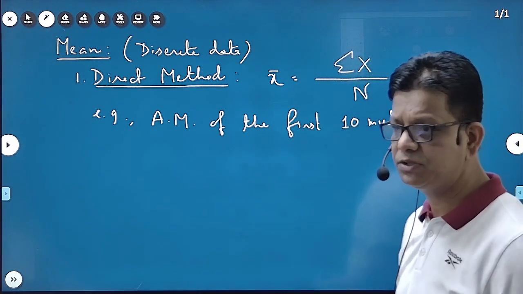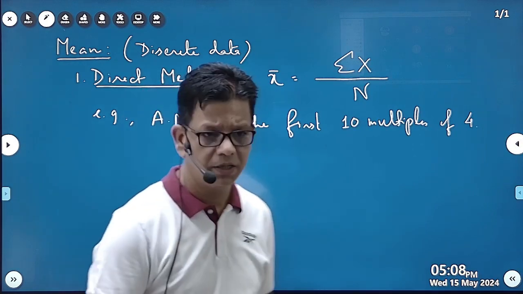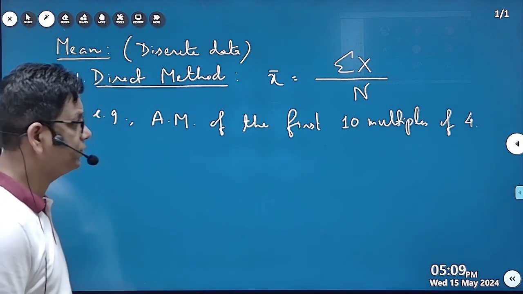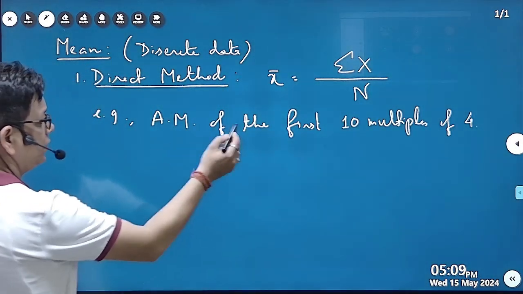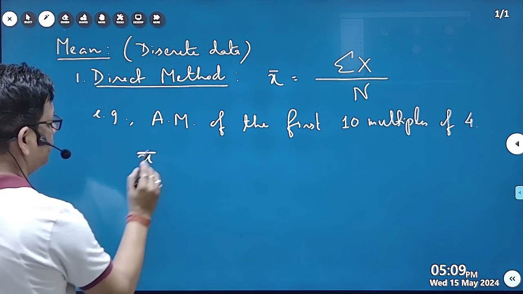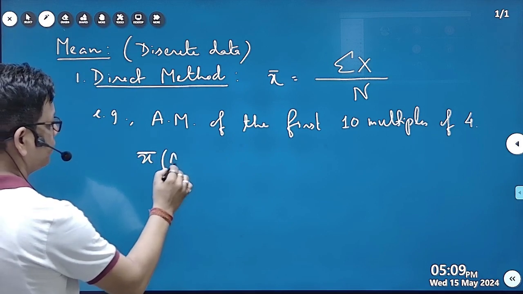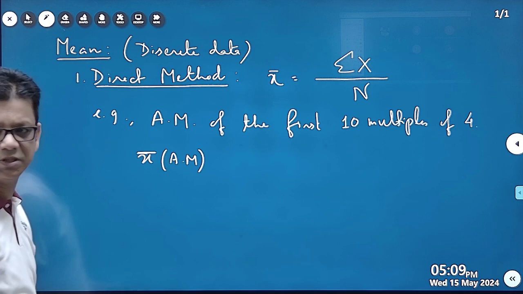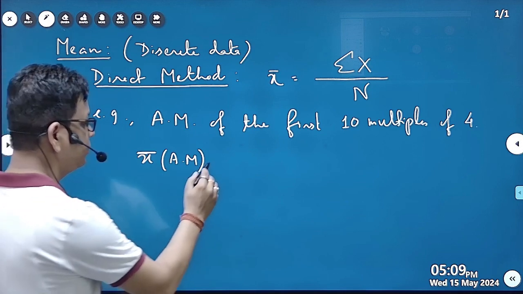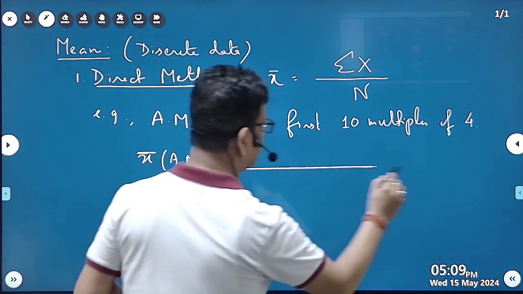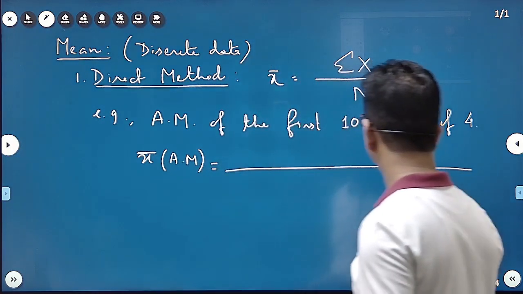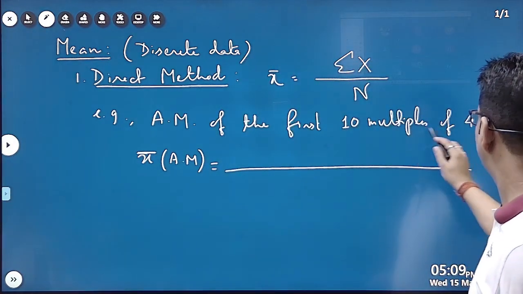I asked a similar question in the last test, the arithmetic mean of some multiples of 5. When it is the arithmetic mean, the symbol is x bar. If you don't want to write it, you can also write arithmetic mean, same thing, because it's an MCQ paper, as you know, so we don't exactly need the process.